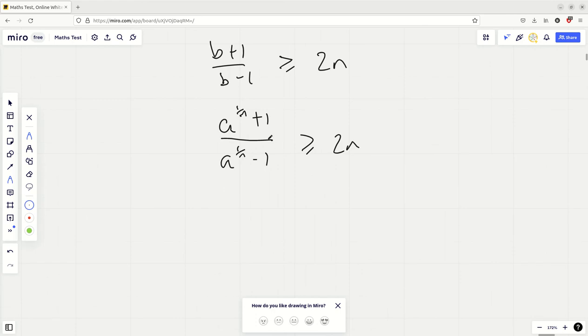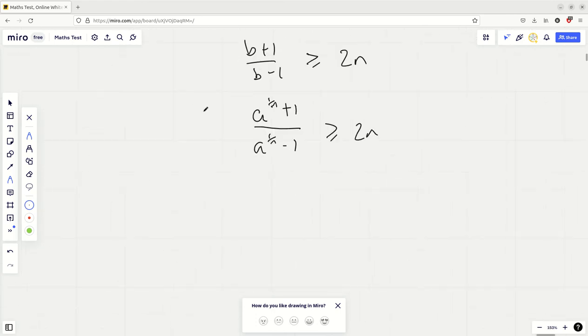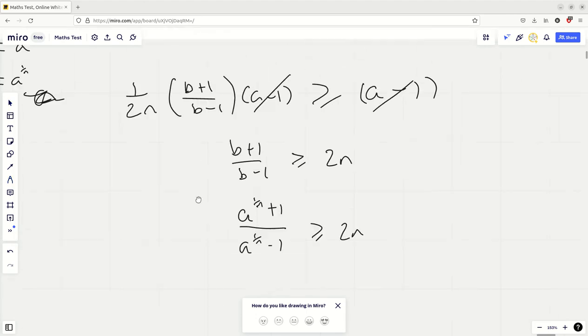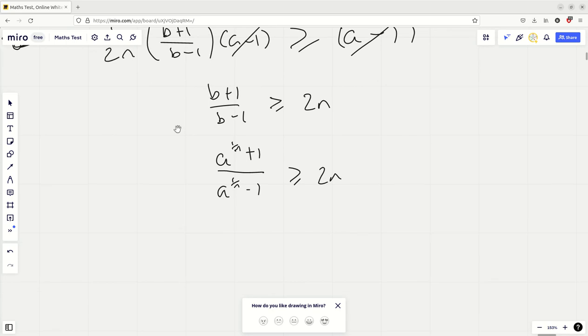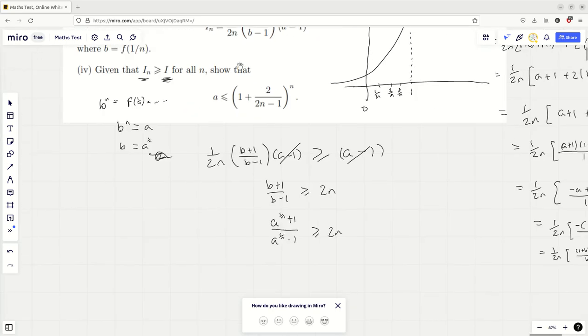Okay, so now if you look, they wanted to produce a 1, yeah? And this is an old trick. You want to look for this when you've got a 1 plus a fraction. When you've got 1 plus a fraction, why don't we write this as a to the 1 over n minus 1 plus 2 over a to the 1 over n minus 1, yeah?